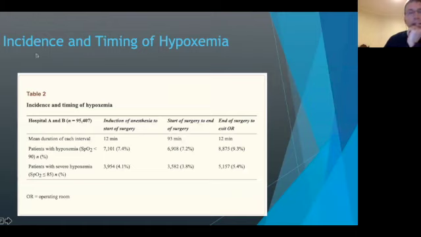This is a slide that talks about hypoxemia. So I'm just going to run through these things. Now, there's all different types of hypoxemia. At induction of surgery, and then from the start of surgery to the end of surgery, and then at the end of surgery. This is a study that looked at 95,000 cases. And the duration of hypoxia, it happens at the beginning of the case, it happens in the middle of the case, and it happens at the end of the case, fairly consistently.